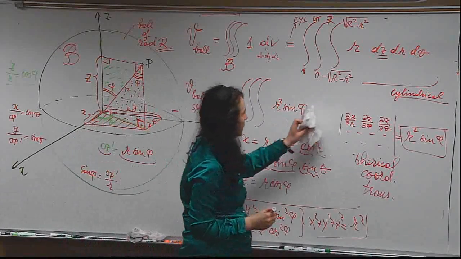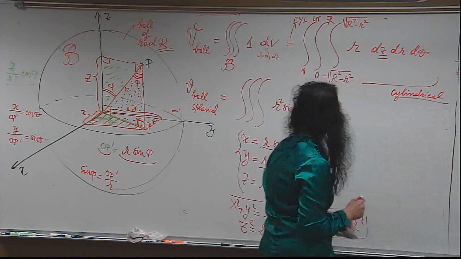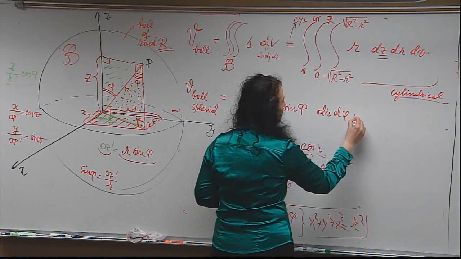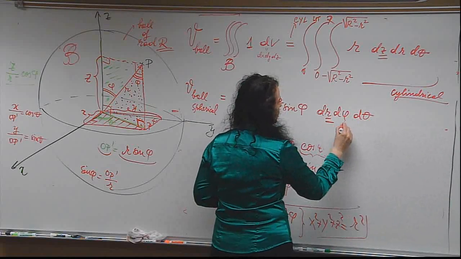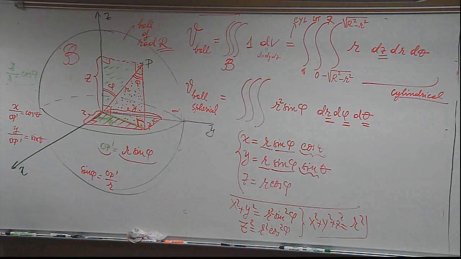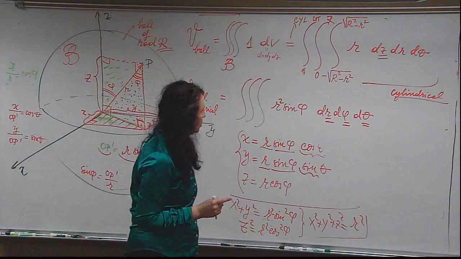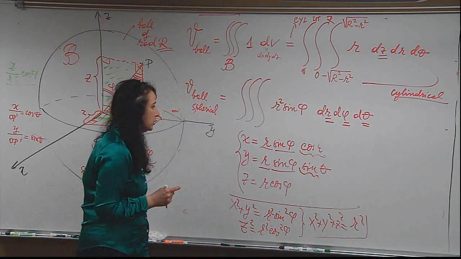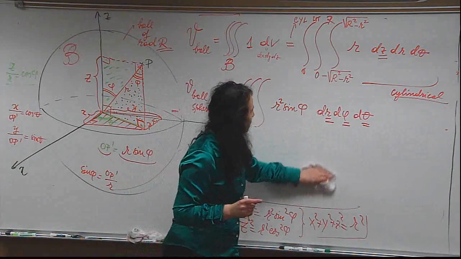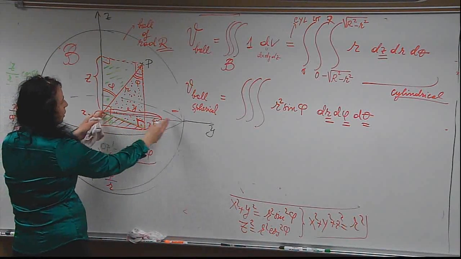What else? Anything else you want? The r, the phi, the theta, they are all between fixed endpoints. So you're really lucky. Why are you lucky? Because all these, r, phi, and theta, are between fixed endpoints for a ball. Do we know those endpoints? Well, we better. If we don't, then we are no good. So r for the ball goes from 0 all the way to big R.